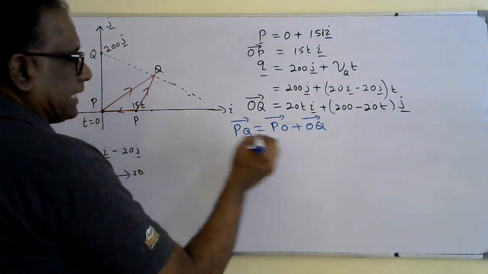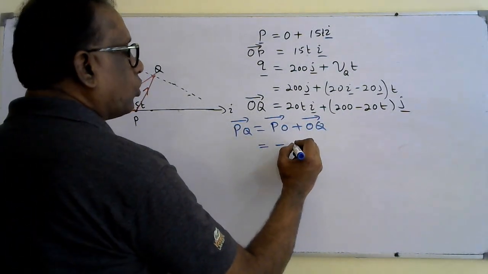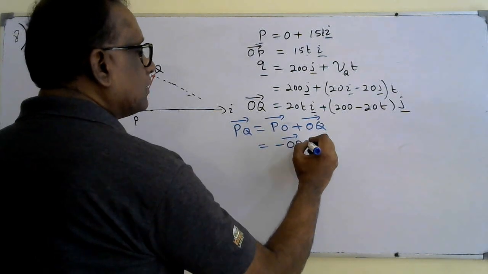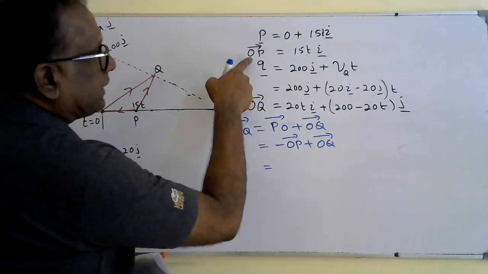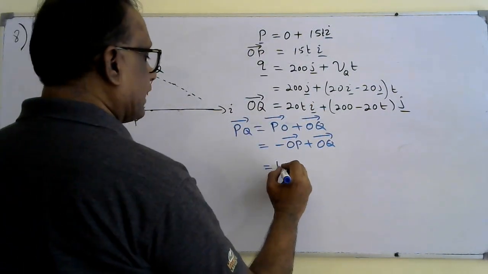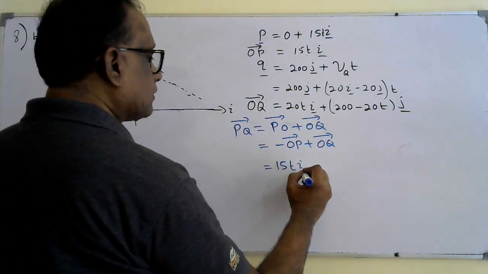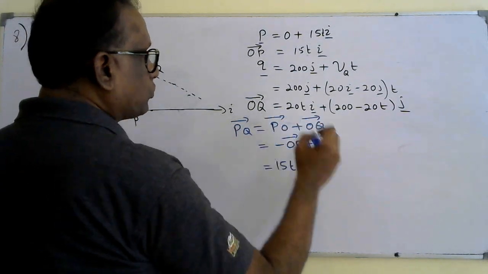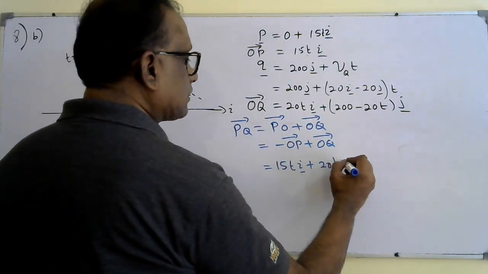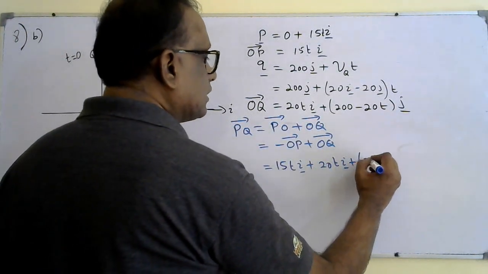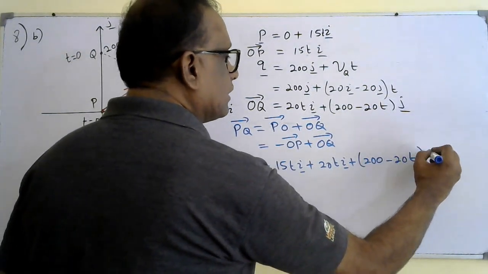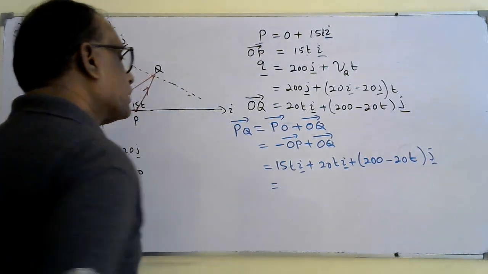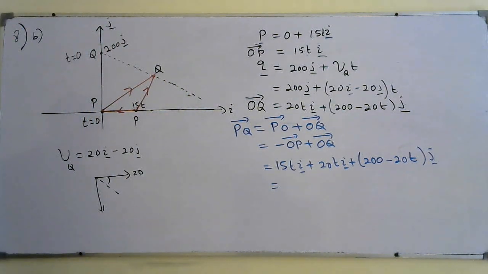Vector PO is negative vector OP, plus OQ. OP is 15ti, OQ is 20ti plus (200 minus 20t)j. Solve it.